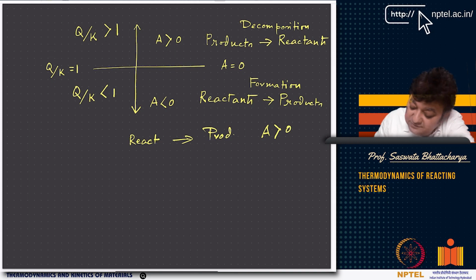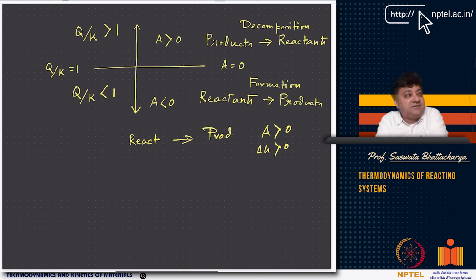That means delta G is greater than 0. A is nothing but delta G. A is defined as the affinity, but it's nothing but the free energy difference between the products and the reactants. So if delta G is positive, then products to reactants decomposition is what is happening.